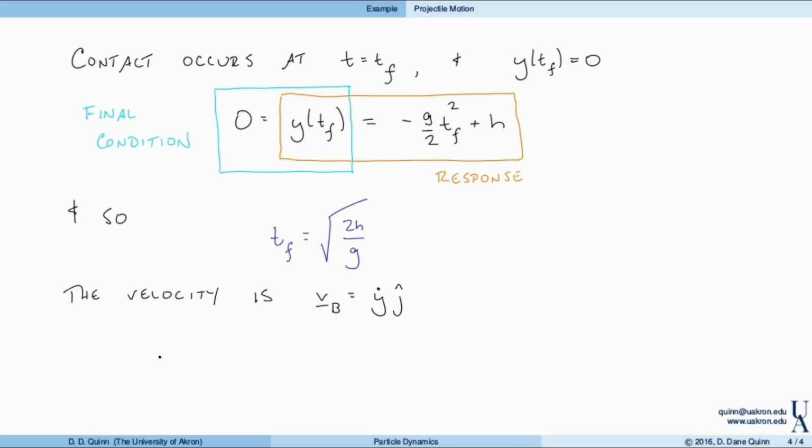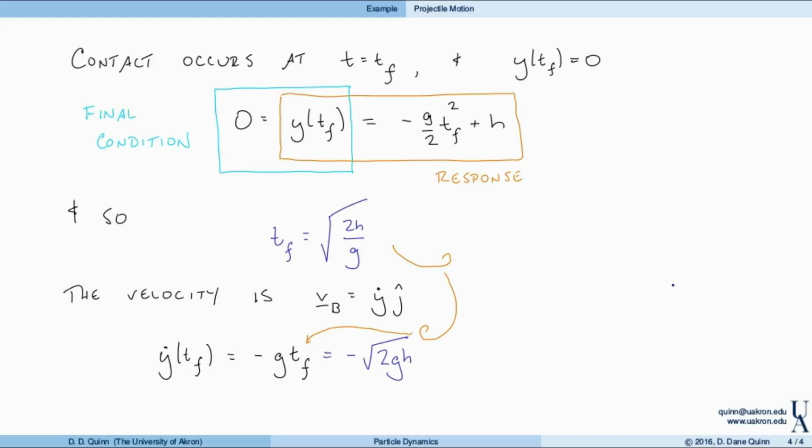So at this final time, y dot at t final is minus g times t final, again from the equations of motion. And now I can take this value of t final, put it right there. So y dot at this final time is minus square root of 2gh. And we've determined the final time and the velocity at this final instant.